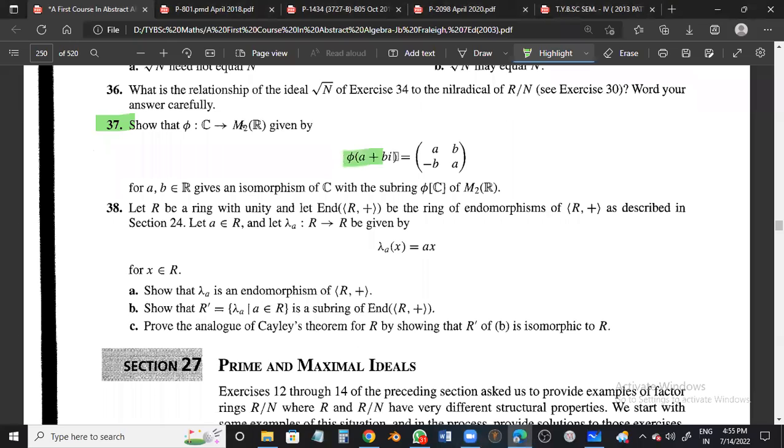How many of you remember this mapping? Yes, this was asked in your exam. Okay, so let us check what the kernel will be. So the inverse image of zero. I want this matrix to be all zeros. So what will your a plus bi be, so that all those entries will be zeros?